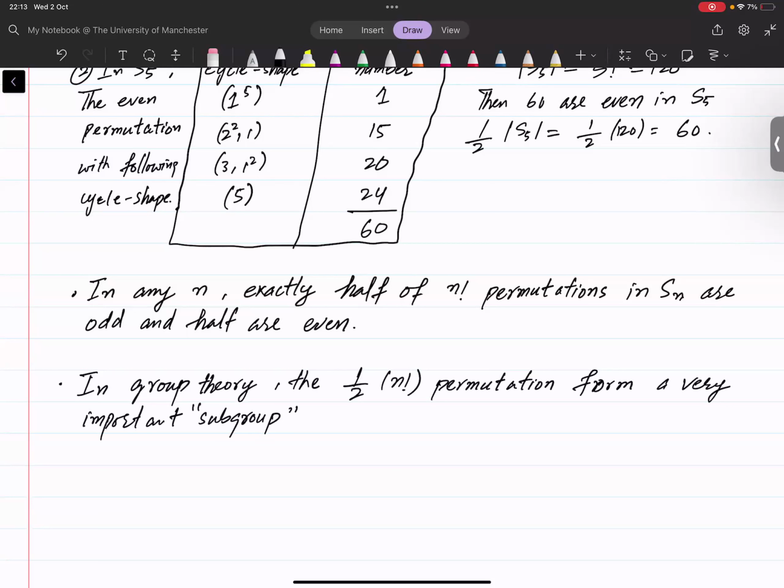Now, those are the terms you will learn in group theory: of the set Sn, which contains all of the n factorial permutations, this subgroup is known as the alternating group.